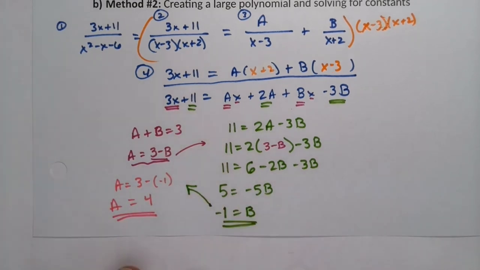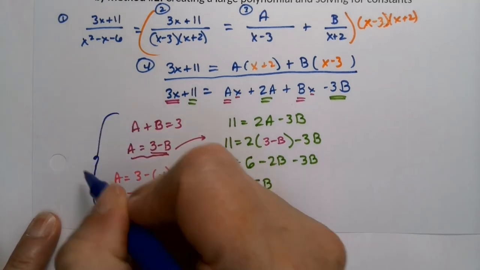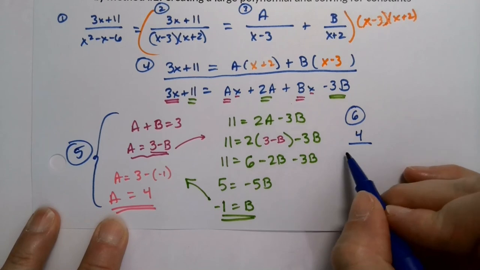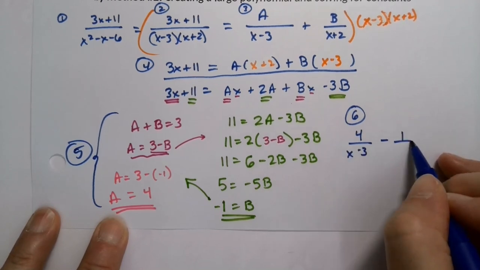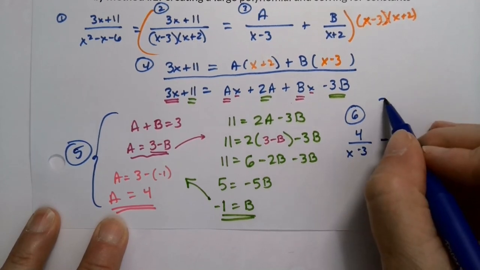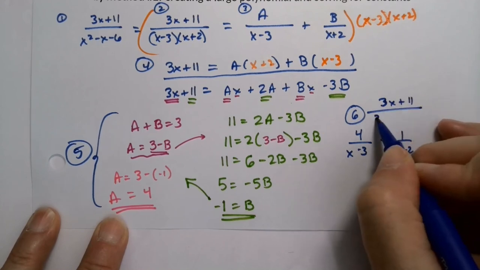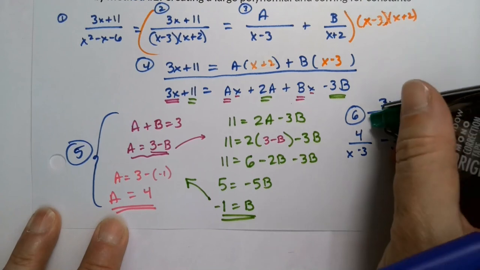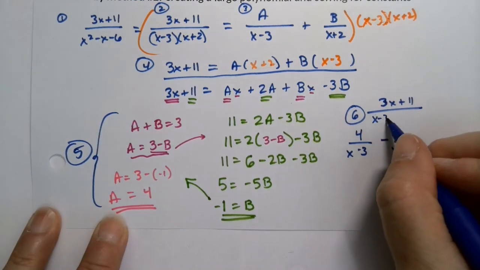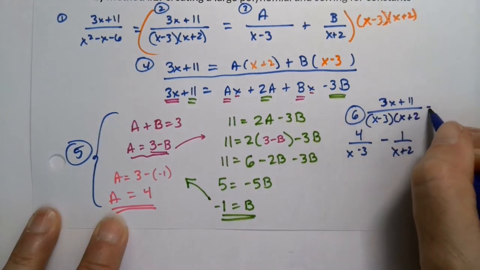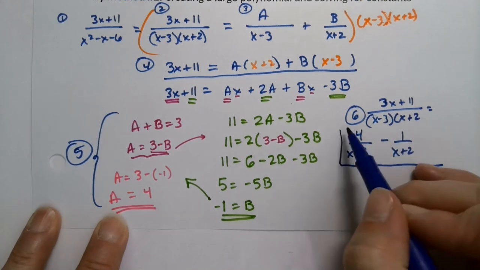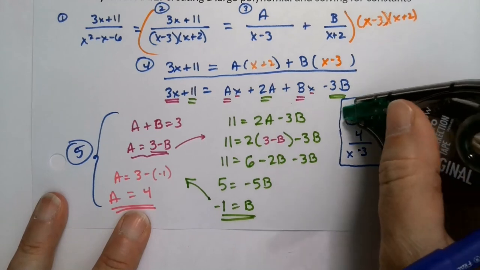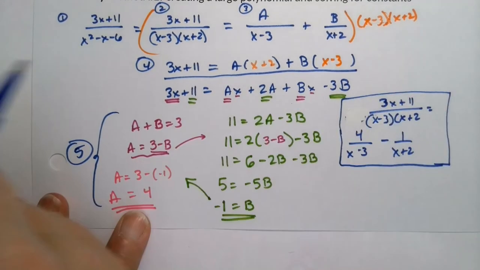And once I know those two things, and all of that is part 5, then part 6 is just, I would rewrite it. 4 over x minus 3 minus 1 over x plus 2. Oh, and that was my original. I was about to do 3 minus x instead of x minus 3. x minus 3, x plus 2. There's part 6. Just rewriting it.